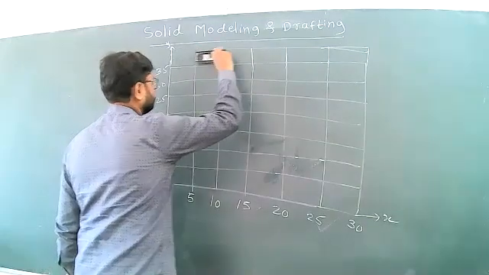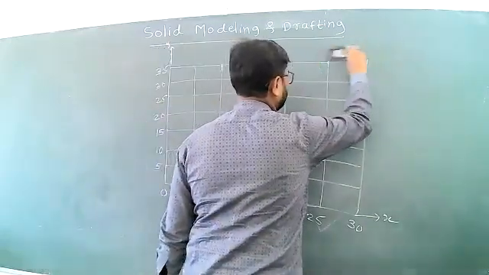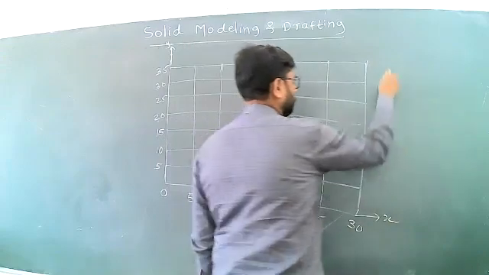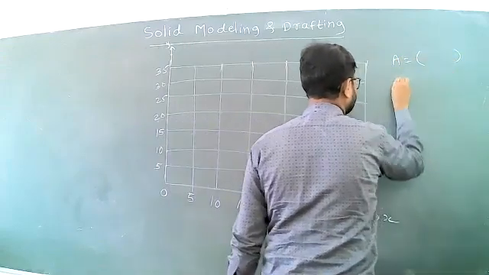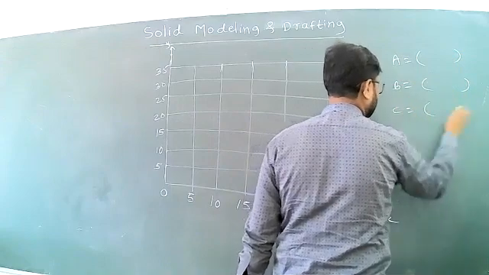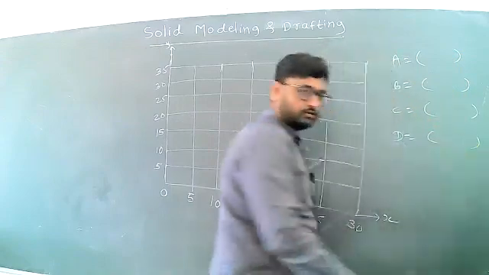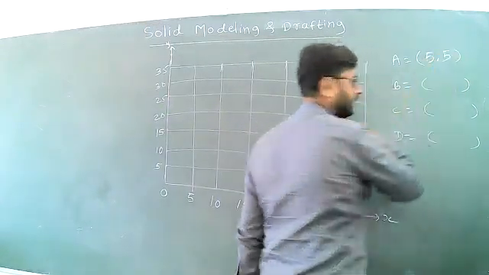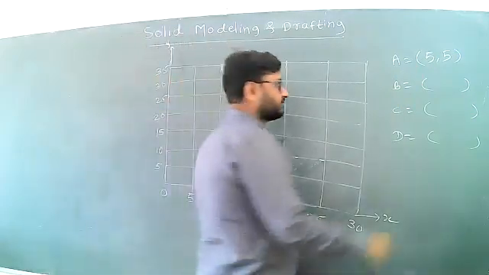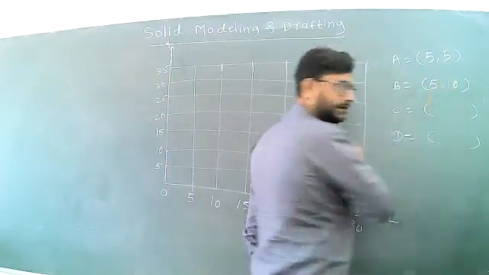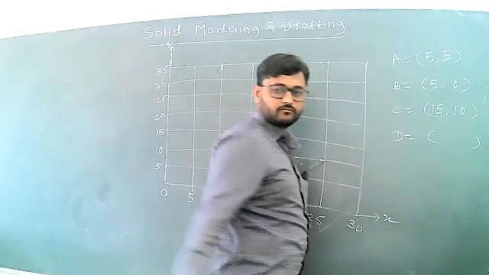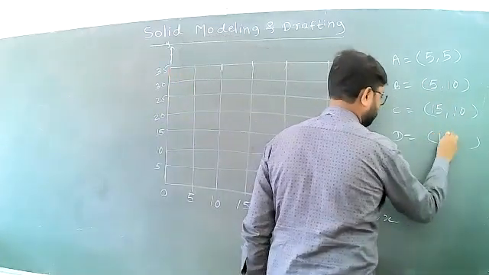Here we consider the example of a rectangle having coordinates A, B, C, and D: A as 5, 5; B as 5, 10; C as 15, 10; and D as 15, 5.